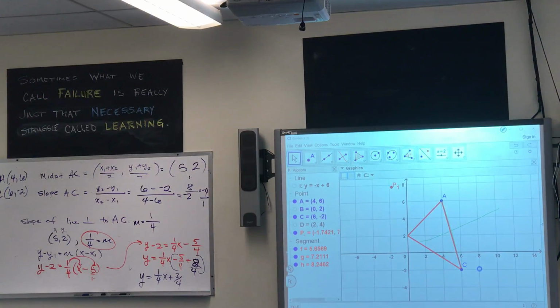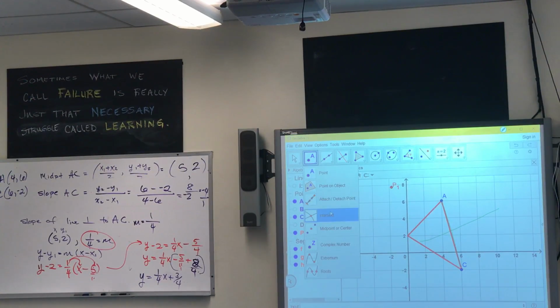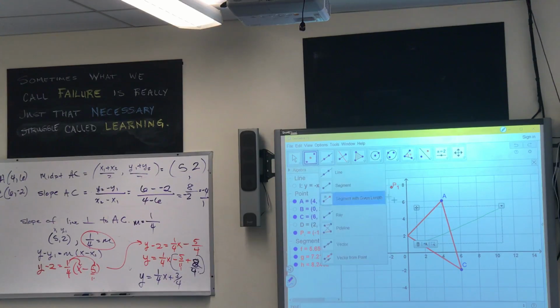That's the equation of that green line that we were looking for. All right, so I'm going to put in the midpoint. Midpoint of ACE, which we said was 5, 2, right?